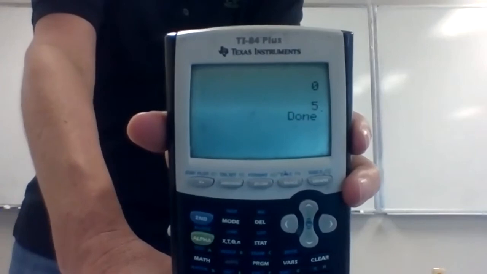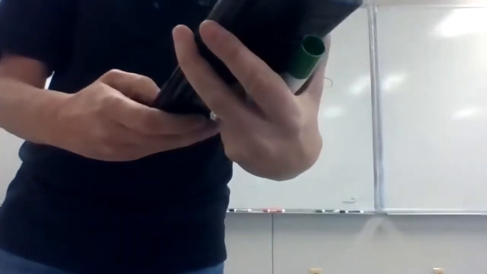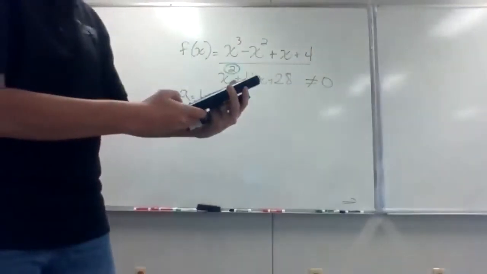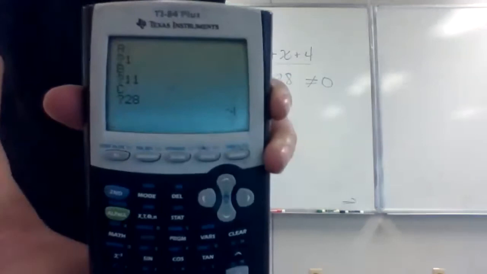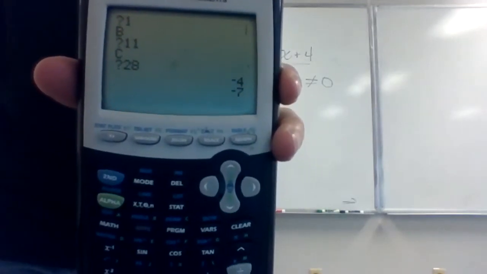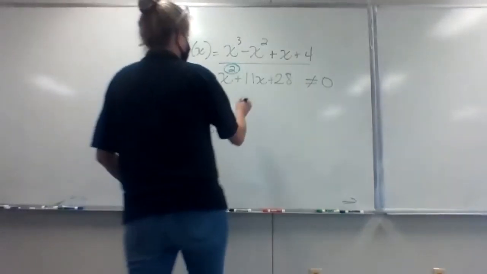So again, just back to quad. A is 1, B is 11, C is 28. Enter. So your solutions to that are -4 and -7.